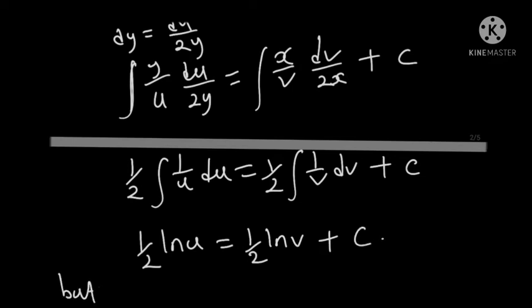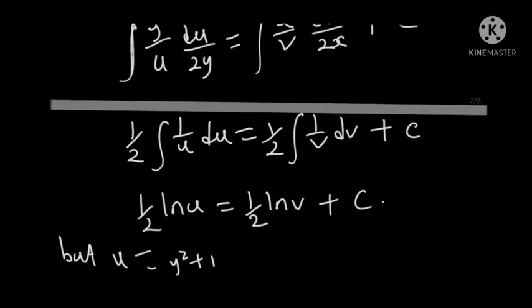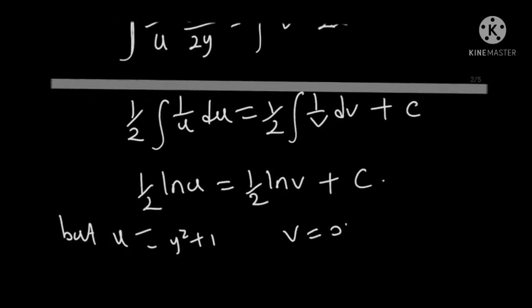But u is equal to y squared plus 1 and v equals x squared plus 1. Therefore, we need to substitute u and v.